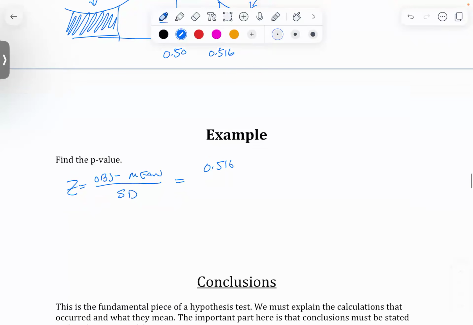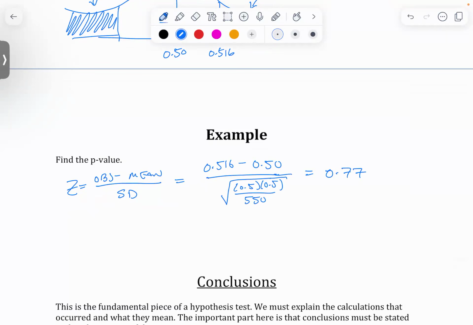So let's start with our calculation here. The standard deviation is the square root of P0 Q0 divided by n. Calculate away, and we get our z value of 0.77.